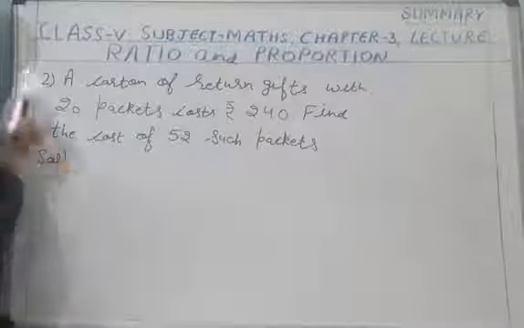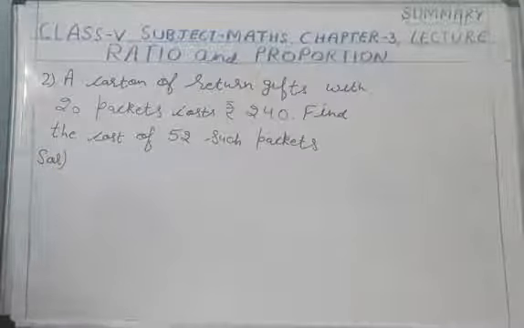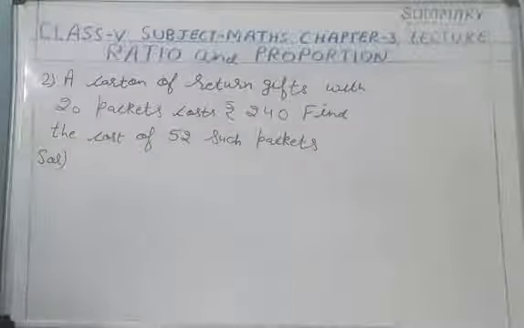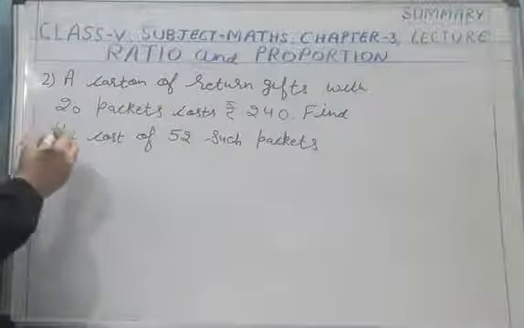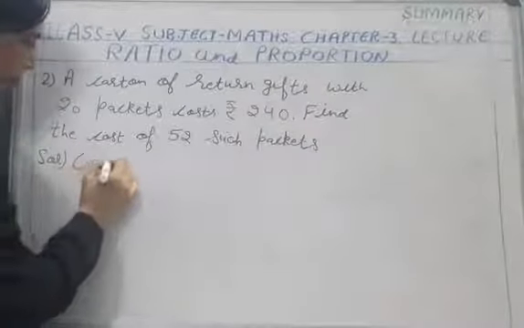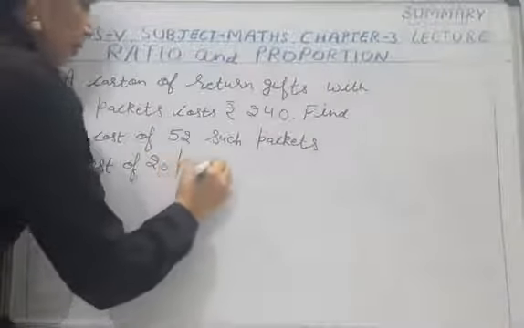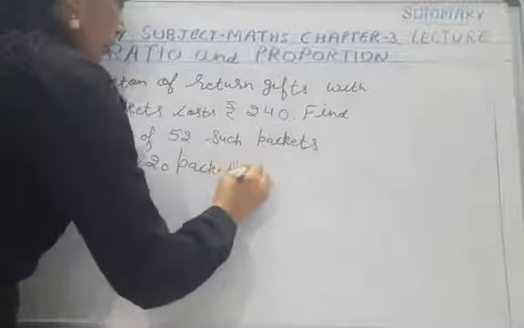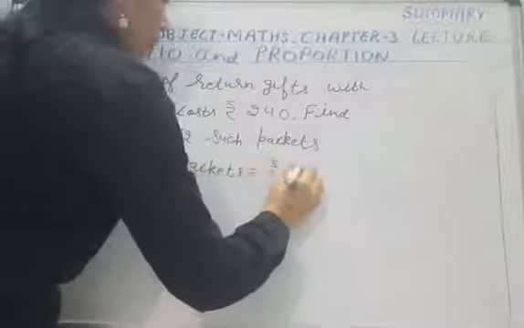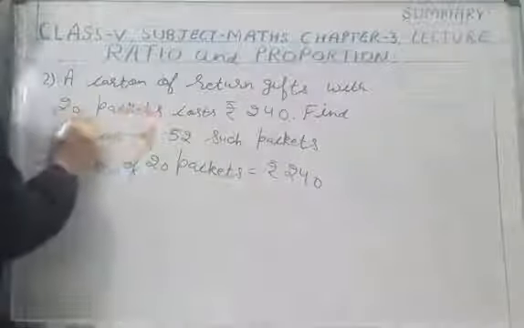So it is clear from the question that first of all from 20 packets we have to find out the cost of one packet. So cost of 20 packets is rupees 240. It is given in our question.